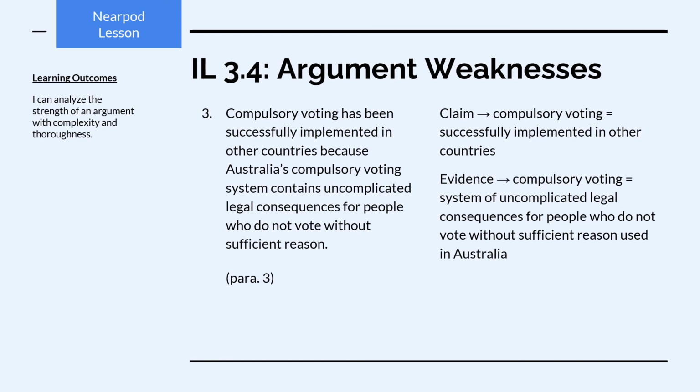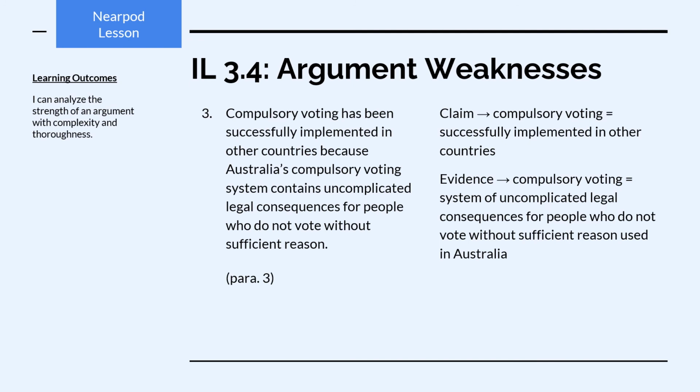And finally, number three, this comes from the end, the last paragraph. Compulsory voting has been successfully implemented in other countries because Australia's compulsory voting system contains uncomplicated legal consequences for people who do not vote without sufficient reason.